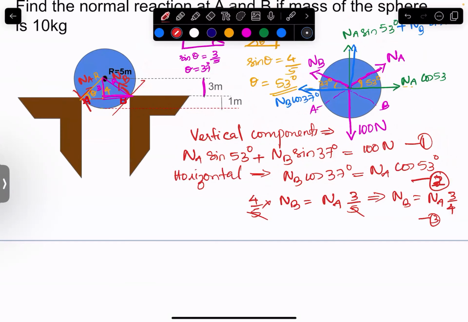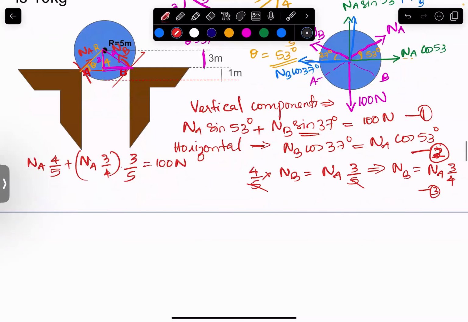Substituting 3 in 1, you will be getting NA sine 53, sine 53 is 4 by 5, plus NB sine 37. NB you can write as NA times 3 by 4, and sine 37 you write as 3 by 5, equals 100 Newton.